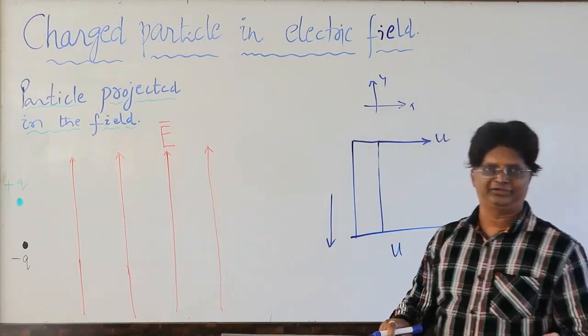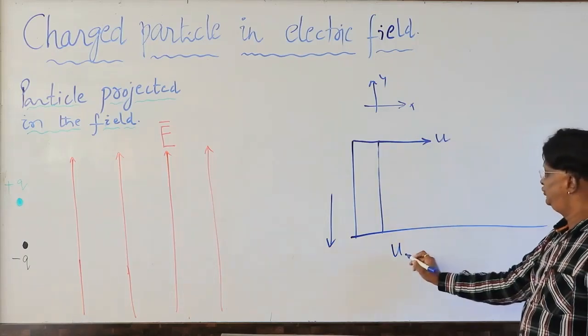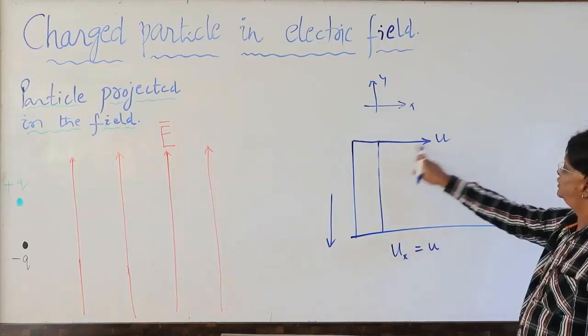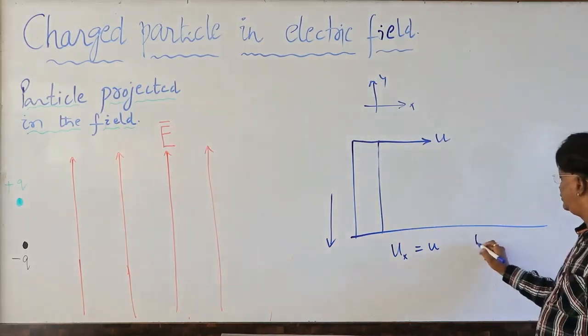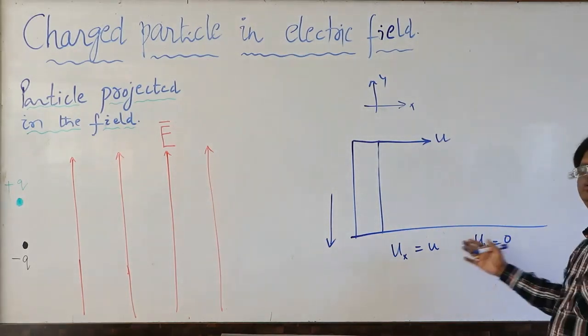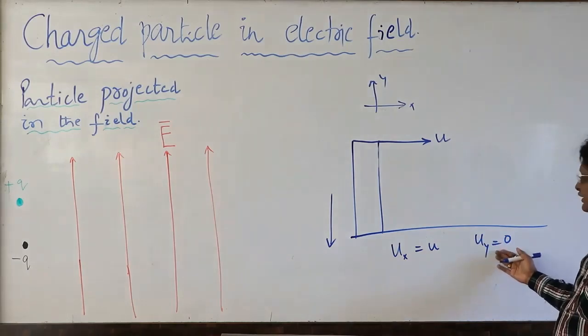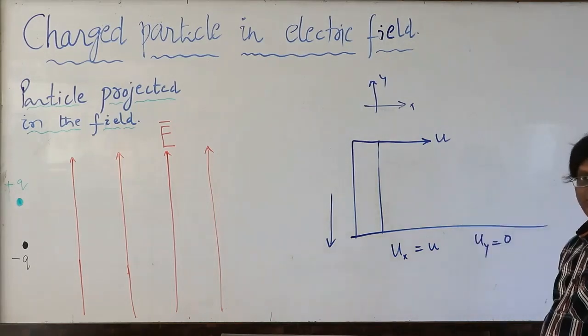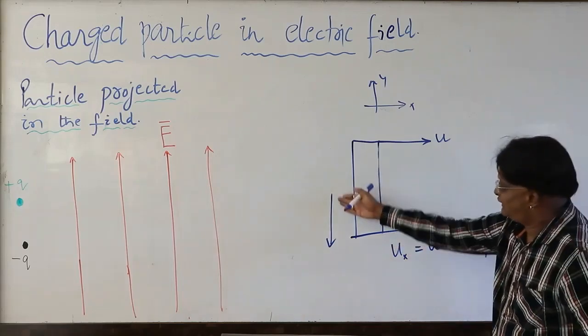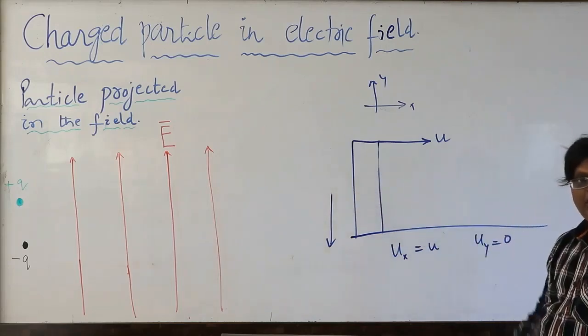Nothing new you will find actually. Here ux is given to be u because all the velocity is horizontal, and therefore uy is 0, no question of any acceleration initially in the vertical direction. And we know that the force is acting downwards.